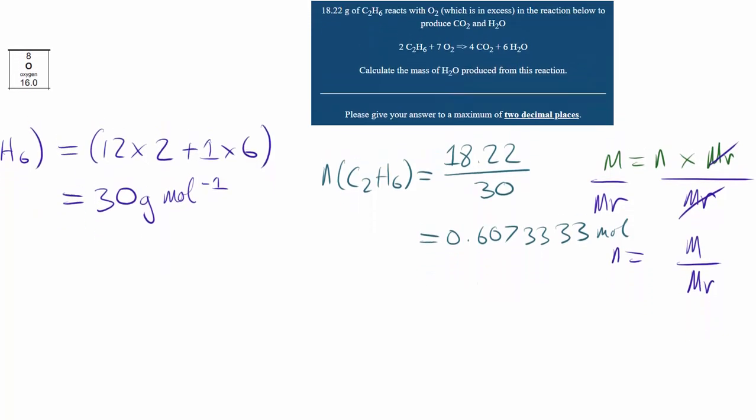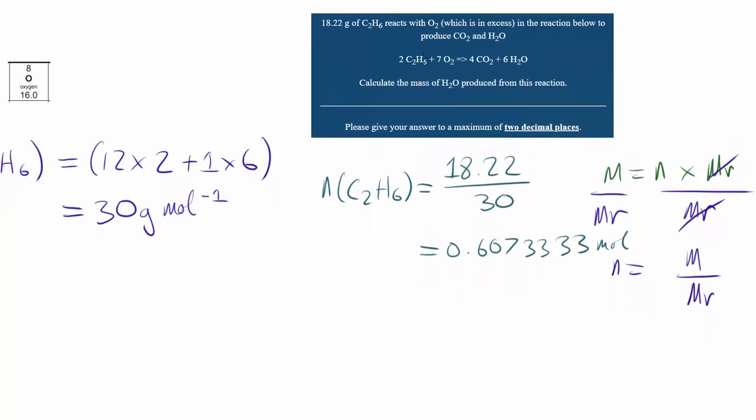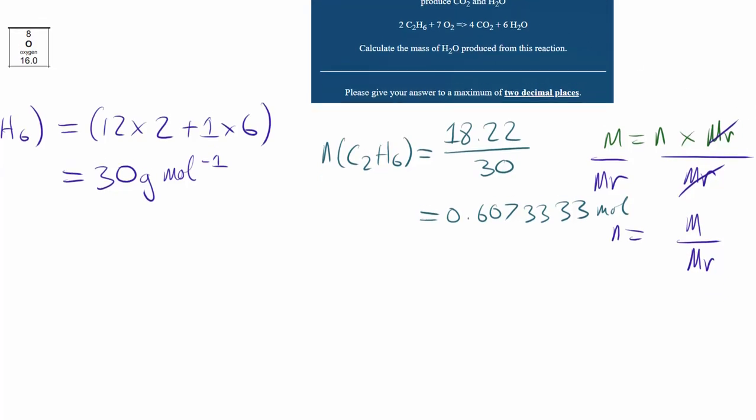Well, let's establish a ratio here. This is what the balanced equation is telling us: for every 2 moles of C₂H₆, we're getting 6 moles of H₂O. So the ratio of the moles of C₂H₆ to the moles of H₂O, the equation tells us, is a 2:6 ratio.